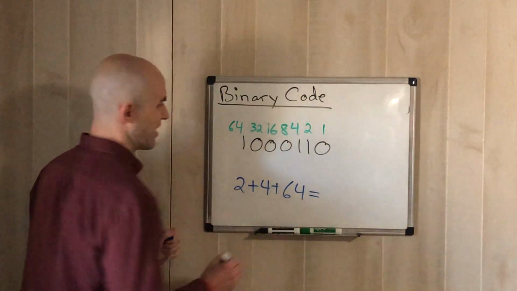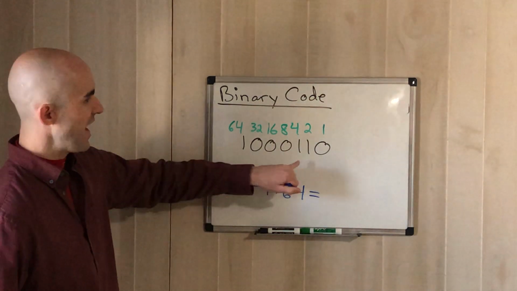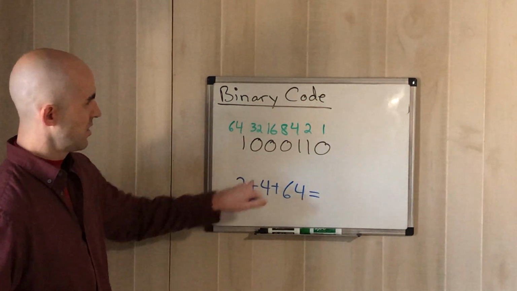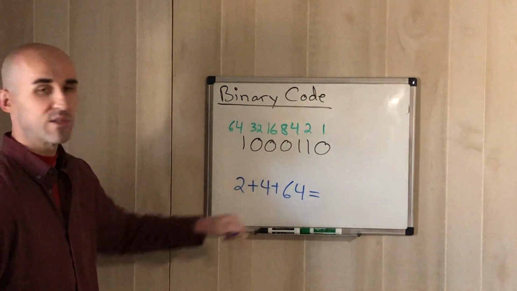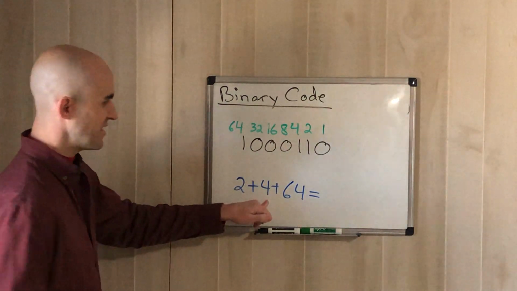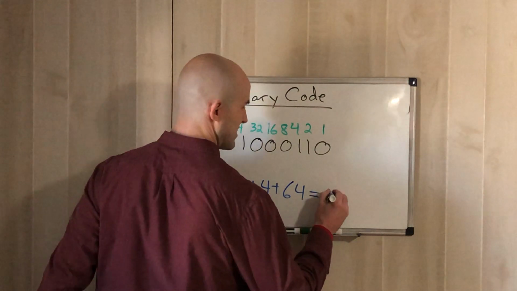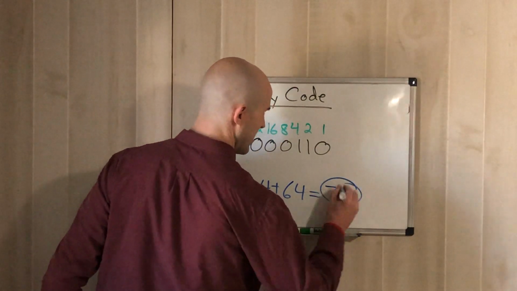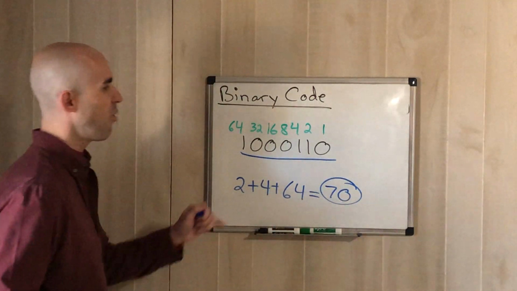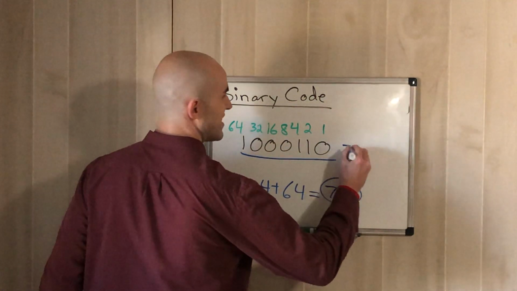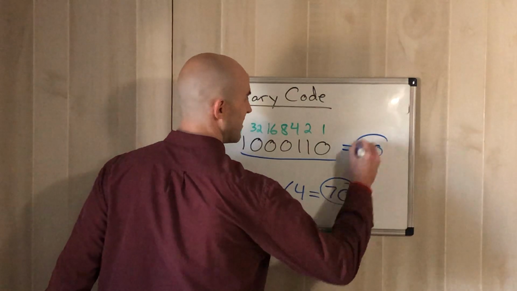So the only 3 values we had were a 2, a 4, and a 64. All the ones with the 1. 2 plus 4 is 6. 6 plus 64 is 70. So all of this, 1, 0, 0, 0, 1, 1, 0, all that represents is the number 70.